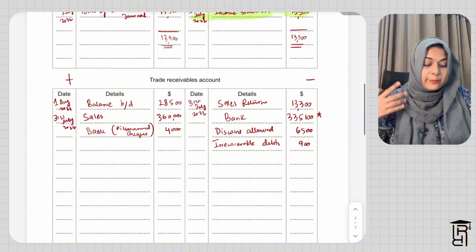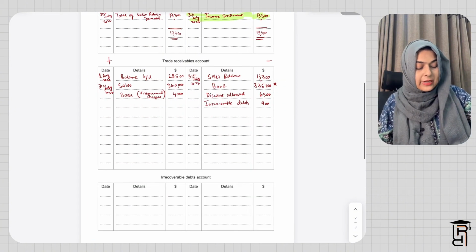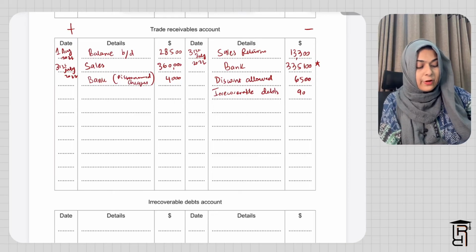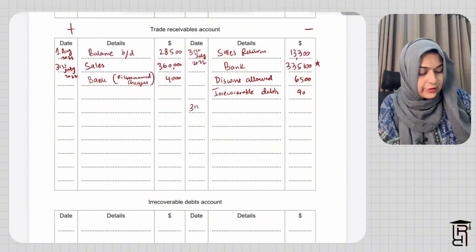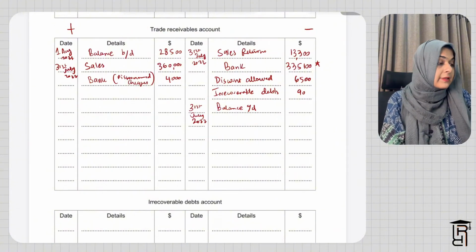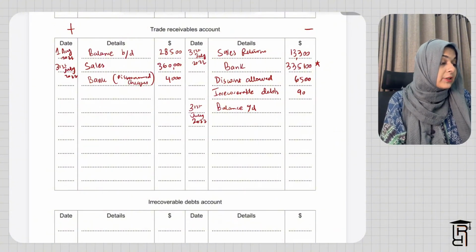And that's it for this trade receivables account. We've put all the information that was needed into this T account. I'll write here 31st July 2022. I'll write here balance carried down, and I will calculate my balance carried down. So the debit side total is heavy, of course, and the credit side total is lighter.